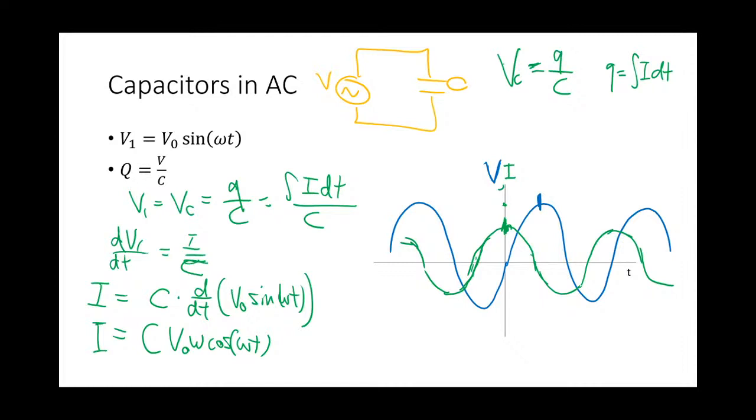To remember these two relationships, we come up with a mnemonic. You see that the current peak is a little bit in front of the voltage peak, with a phase difference of pi over 2. It's also a phase lag of 3 pi over 2, but we talk about the smaller one because it's closer.